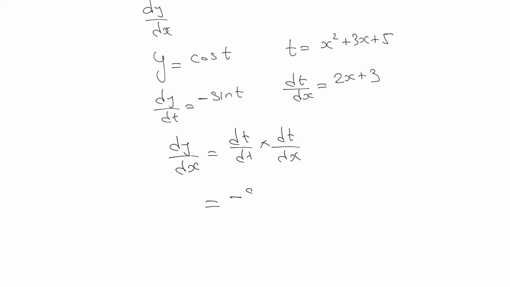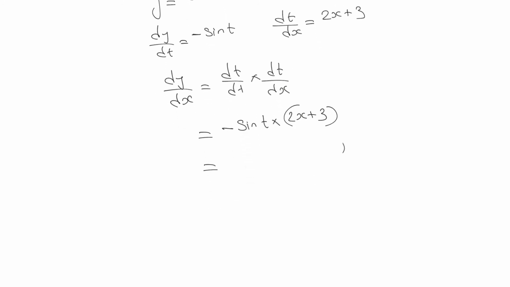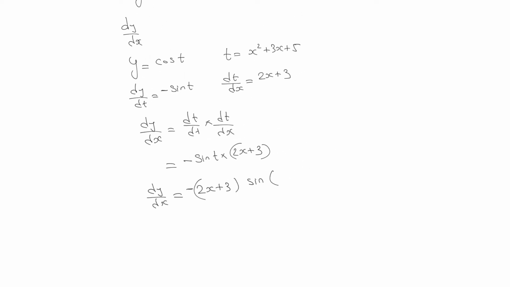So this will be equal to minus sine t into 2x plus 3. So we can write our final answer, the value of dy by dx is equal to (2x plus 3) into minus sine t, where the value of t is x square plus 3x plus 5. So this will be our final answer.